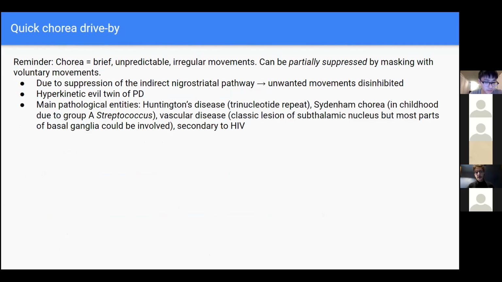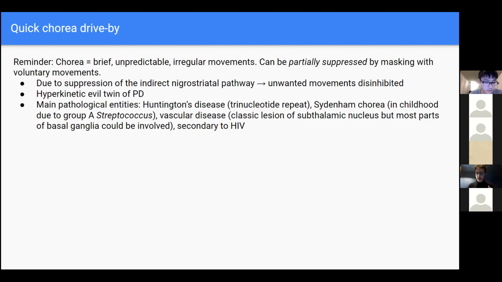And this chorea happens due to the suppression of the indirect nigrostriatal pathway, leading to more activation of the thalamus and the cortex. So you get a disinhibition of unwanted movements. The main pathological entities when you think of chorea are Huntington's disease, which is a trinucleotide repeat disorder, Sydenham chorea, which is in childhood due to group A strep infection, and vascular disease.